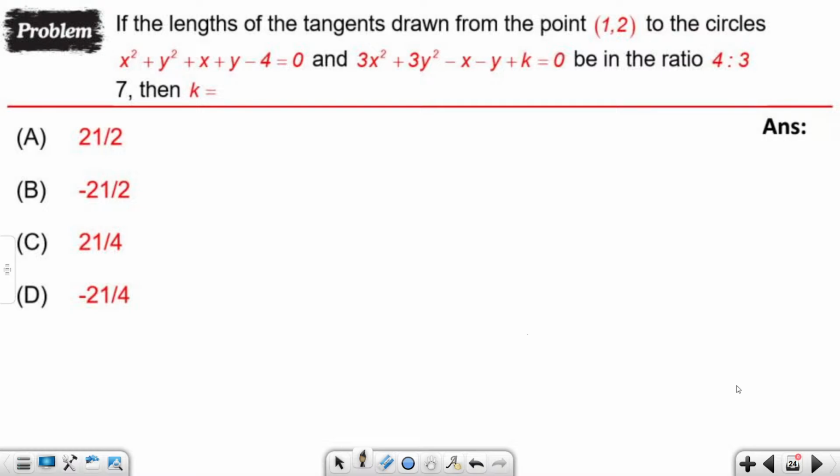Okay. So what will be the value of k? Can you do this? This will be your homework. This sum will be your homework. You must try this sum before I start my second class.